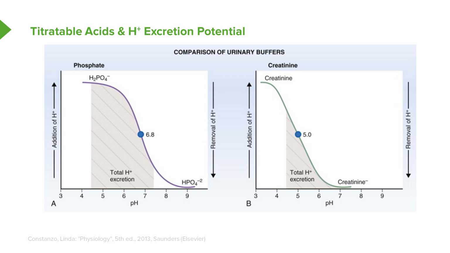It depends upon the pH of the urine and its pK value. So if we look at a pH range here, phosphate has a wide pH range, so you can utilize that throughout many different pHs of the urine. Something like creatinine is a little bit tighter, and so you can't always use creatinine to bind those hydrogen ions to be able to urinate them out.